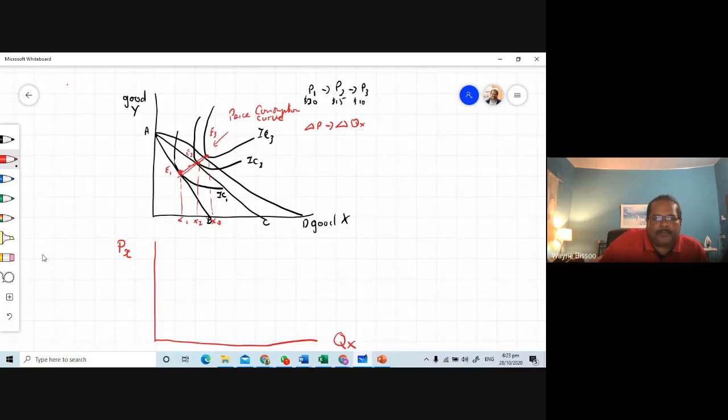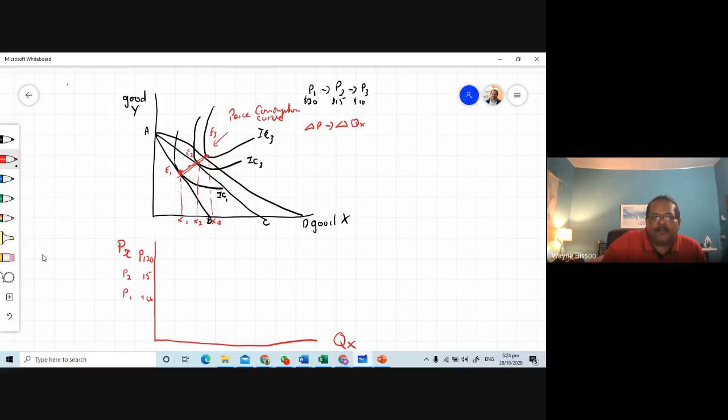So we plot on this now. This is P1, which is 20. Then the next one was 15, so that's P2. And the next one was 10, which is here. Call that $10. So at P1, how much was demanded?